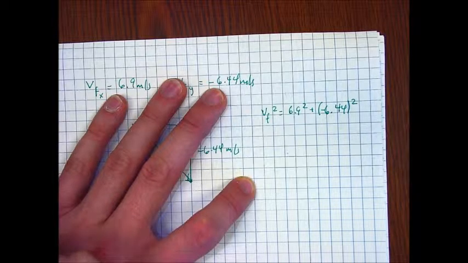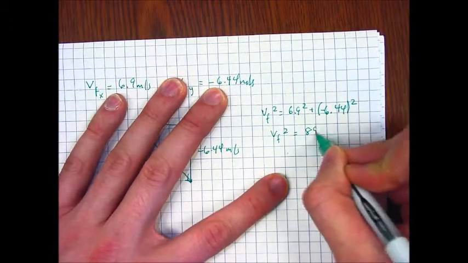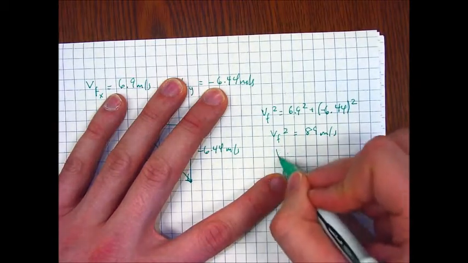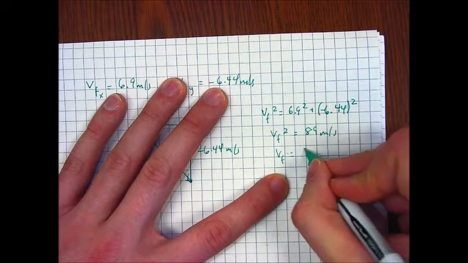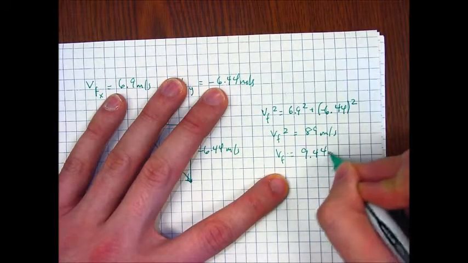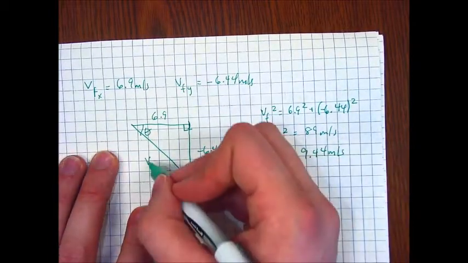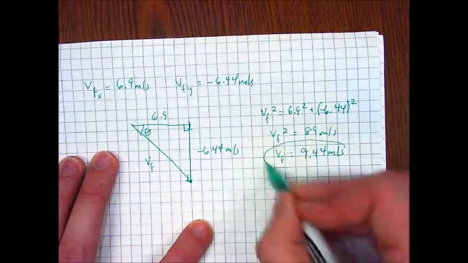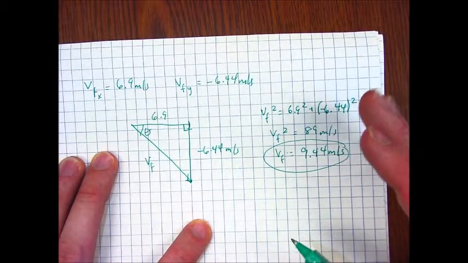So you end up getting V final squared is equal to 89 meters per second. And then finally, when you square root that, you get 9.44 meters per second. And you don't put positive or negative, you just leave it. It's the absolute value. So this is how fast I was going as I hit the chips there.